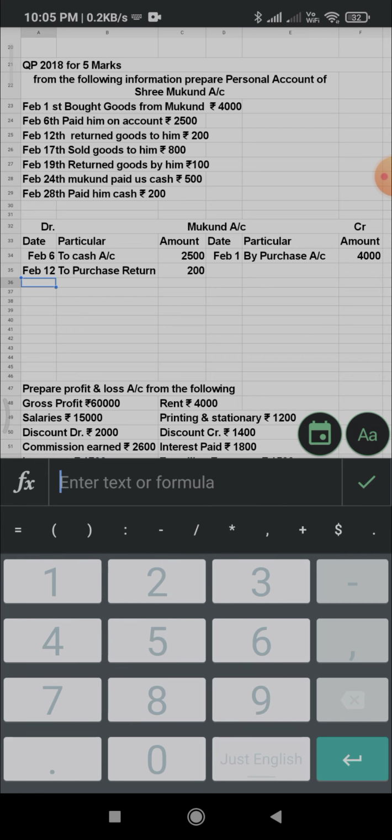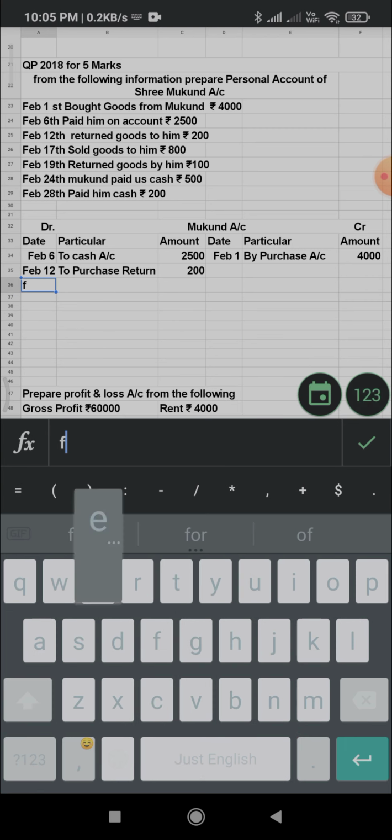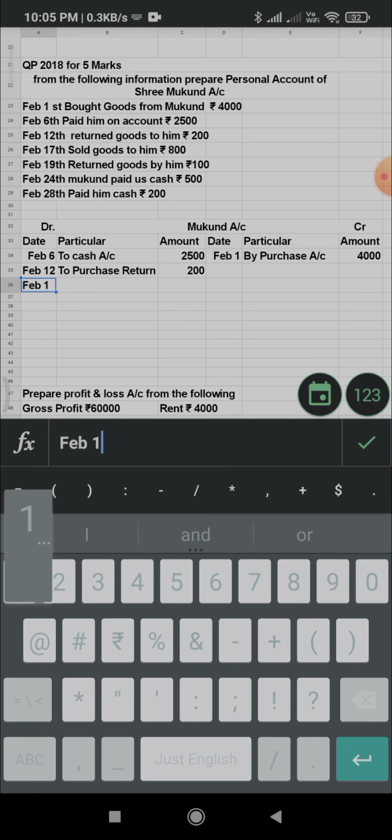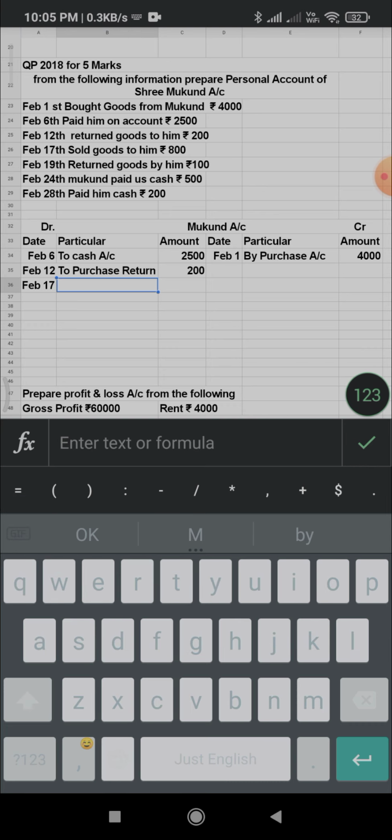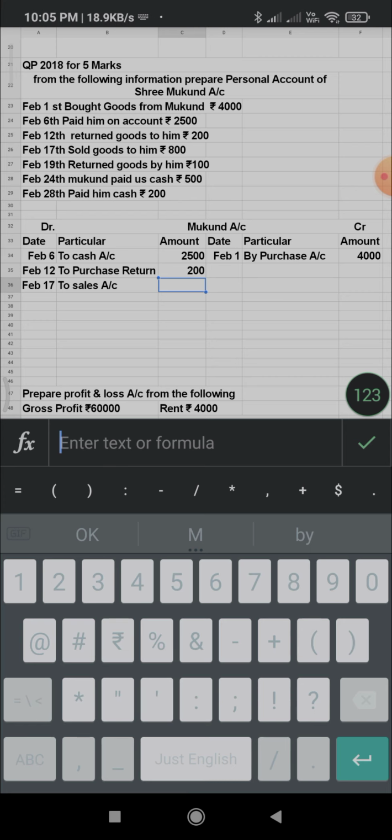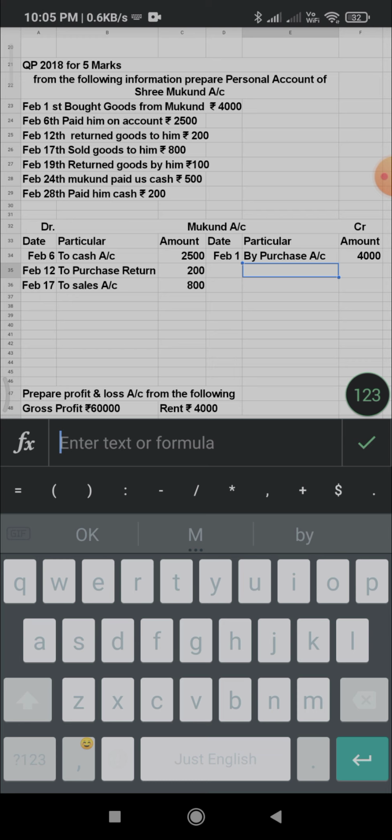So on February 17th, on the Mukund account debit side, we write "to sales account", because we are selling to Mukund. The amount is 800.